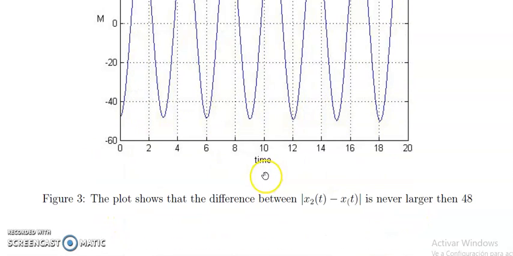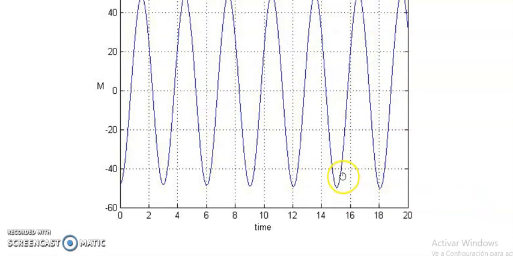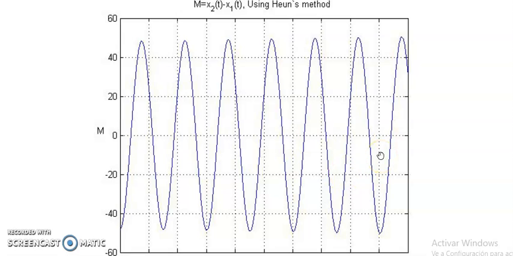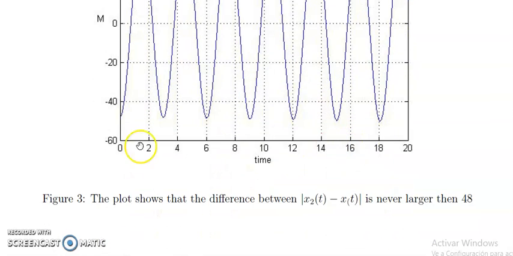And look, the result is that the absolute value of x2 minus x1 is never larger than 48. Of course, because the initial position of the system was 48. Look, x2 was 0 at t equals 0, and x1 at t equals 0 is minus 48.